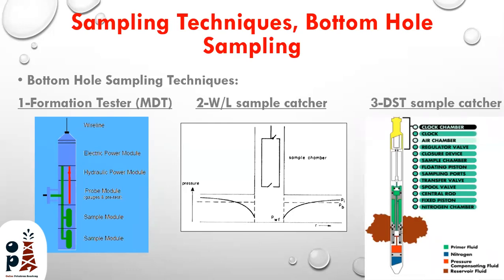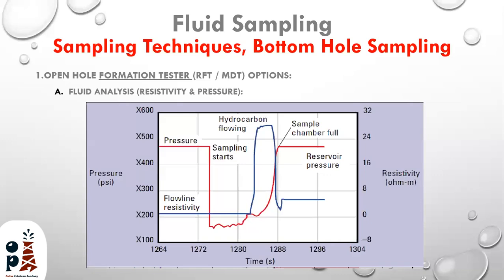If we are doing a wellsite step, it is used when the needle of the MDT or the RFT is inserted into the open hole interval, and starts pumping out the fluids from the reservoir.